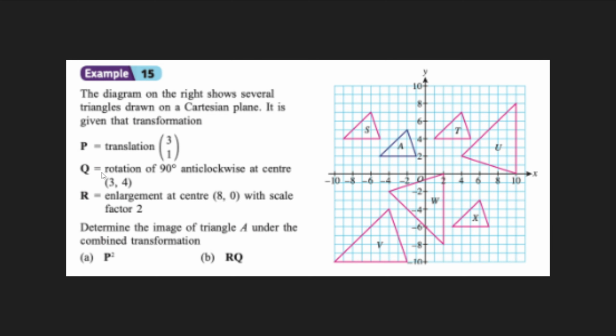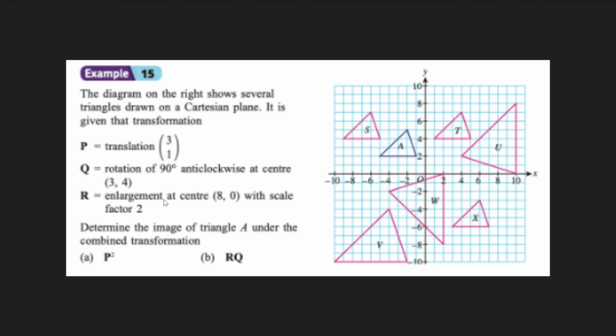Q is the rotation of 90 degrees anti-clockwise at the center of (3, 4). And R is the enlargement at center (8, 0) with scale factor 2, which means the image will be 2 times bigger than the object.